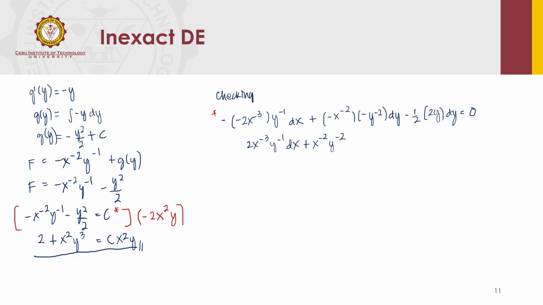If we combine these two, that's minus y, multiplied to dy. So for the transformed equation, it's 2x to the negative 3, y to the negative 1. This is correct. If we just shift the negative sign, it's negative y, plus x to the negative 2, y to the negative 2 equals 0.